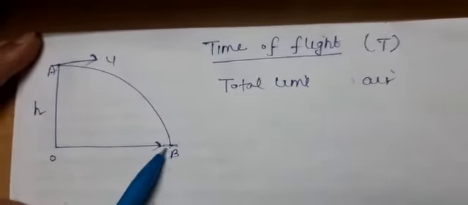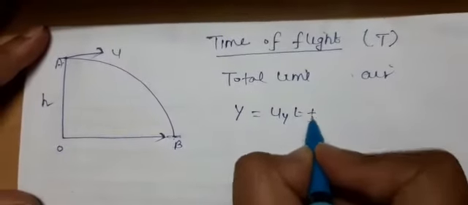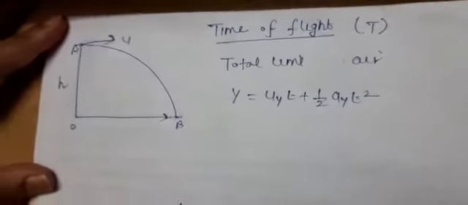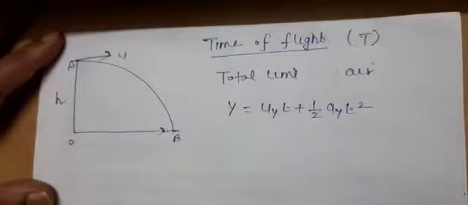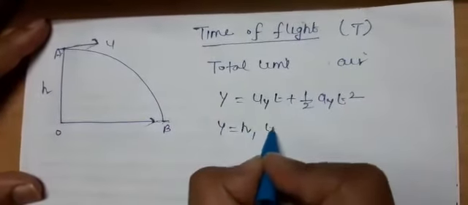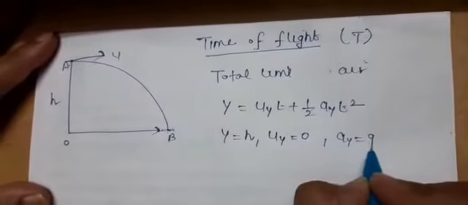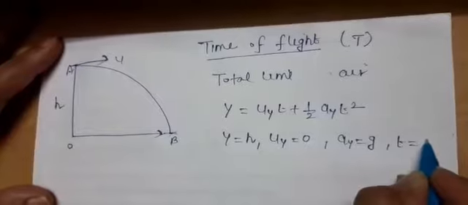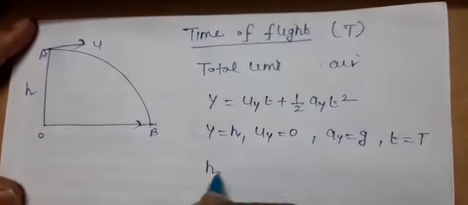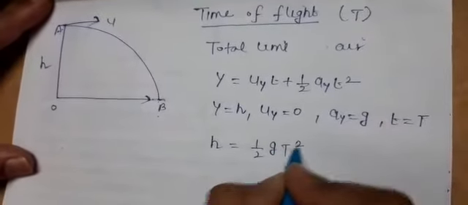So now to calculate it, again let me take vertical motion. Here you are using equations of motion, and you have to choose which particular equation is suitable. Here, as the vertical distance is h, initial vertical speed is 0, a_y is g, and the time taken to reach point B is capital T, from point A to B. So now substitute the values. h is half g t square.